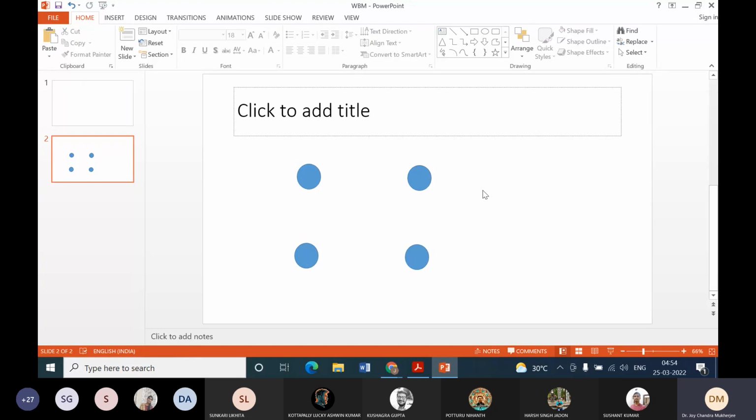And I put some arbitrary values on them. And suppose this is the cost. Suppose this cost is 1, maybe this is 2. This is 7.